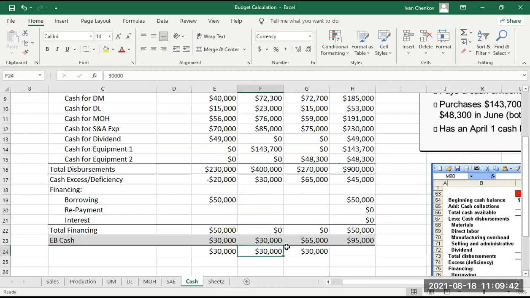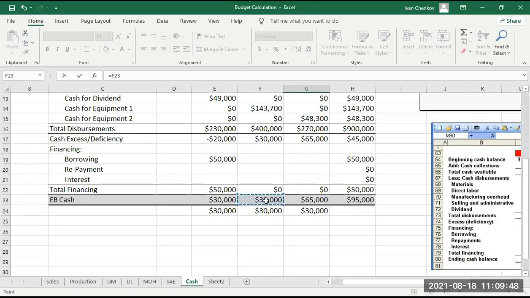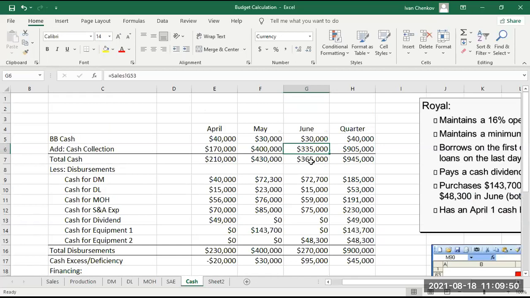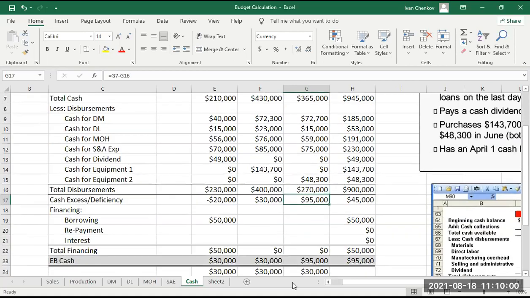Now, what's going to happen in June? The $30,000 in May will be my beginning balance in June. So in June, I'm going to collect that much, but I'm going to spend that much. So I'm going to have an excess of $95,000. I have to keep a minimum of $30,000, so I have an excess of $65,000.